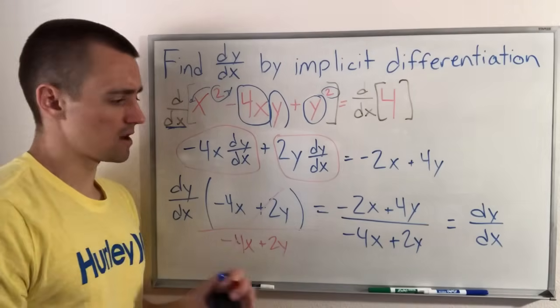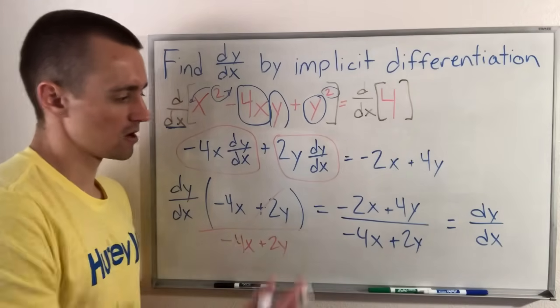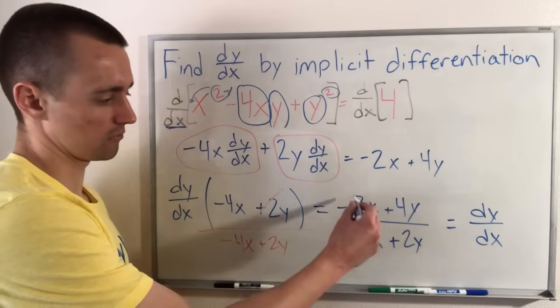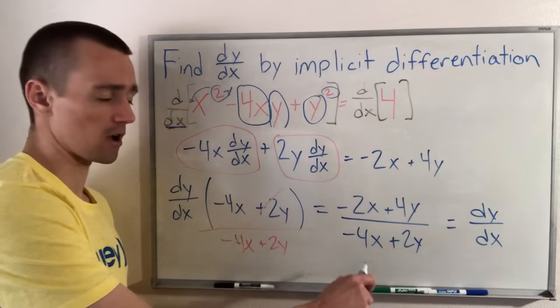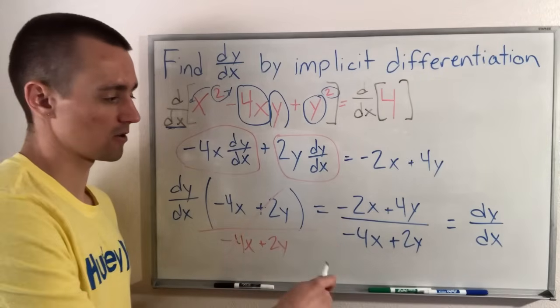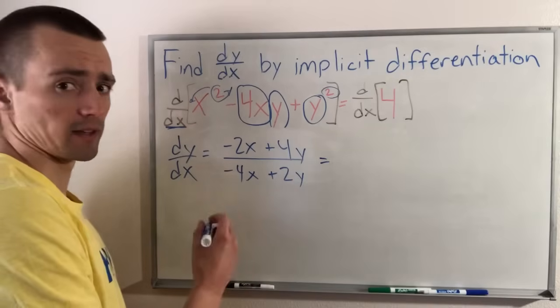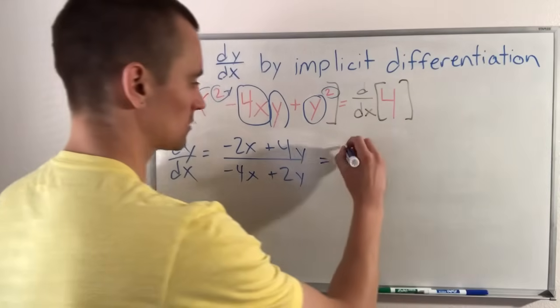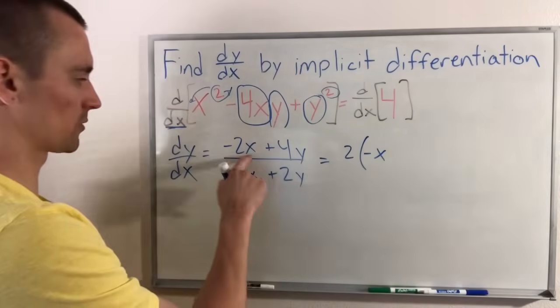And then interestingly enough, every term is divisible by 2. So we could think about pulling a 2 out of each term on the numerator, and we could pull a 2 out of each term on the denominator, and they'll actually cancel out. So essentially, that's just going to do something like this. We'll pull a 2 out of our numerator. This term here will still be left with negative x.